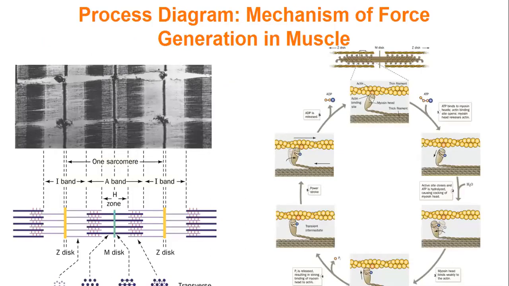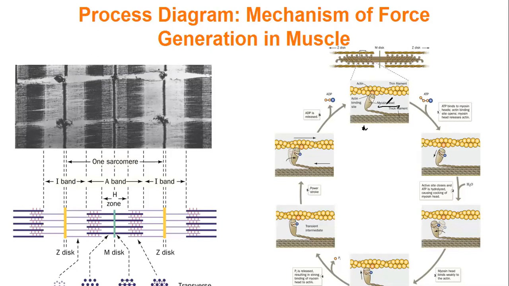All right, let's get to the main event. How do muscles work? They work via what is called the power stroke, right? So we're going to talk about the molecular mechanism of the power stroke. We're going to start right here, with myosin bound to actin.